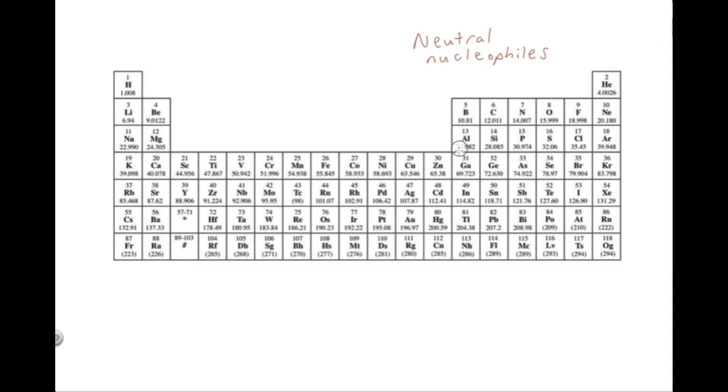Can you find those elements in the periodic table? The elements we were discussing are these four: neutral nitrogen, neutral oxygen, neutral phosphorus, and neutral sulfur. So you should have memorized that when these elements are neutral, they have lone pairs, which makes them candidates for neutral nucleophiles.